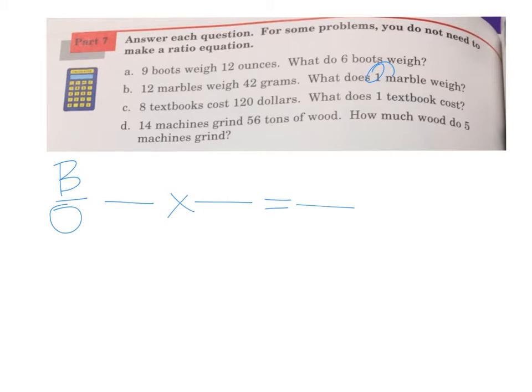I have to do the division problem, where I know that 12 marbles equals 42 grams, and my abbreviation is grams. I need to figure out how much 1 marble weighs, which means that instead of having 12 on this side of the equation, I need to make it into 1, because that's what the question is asking for.